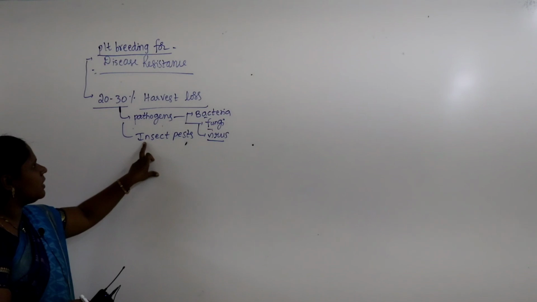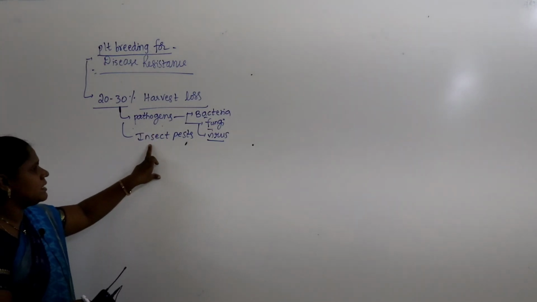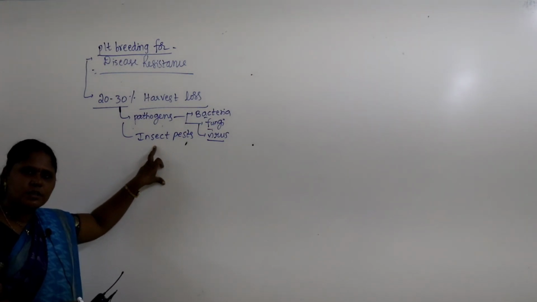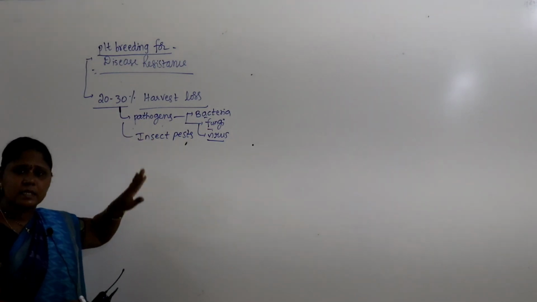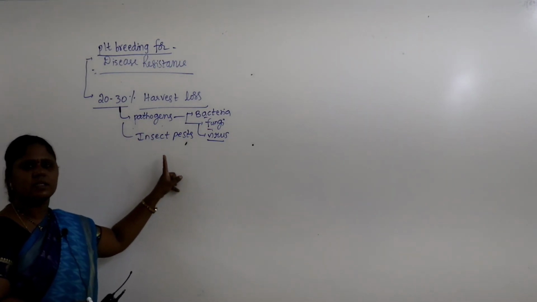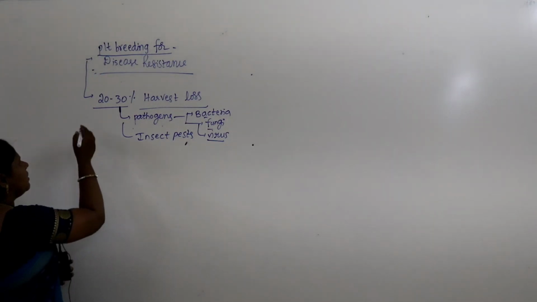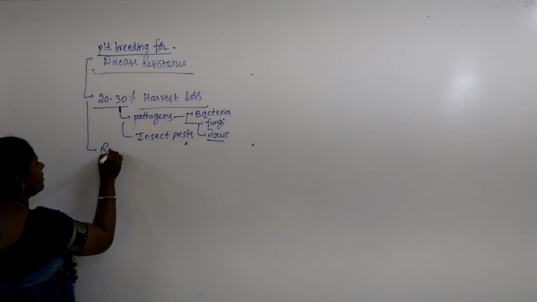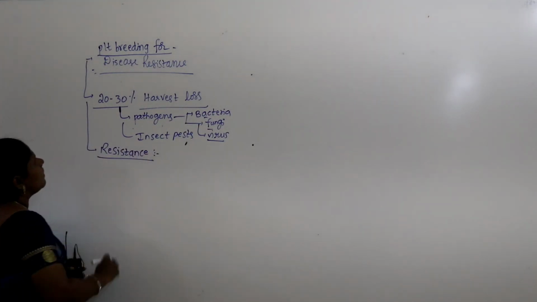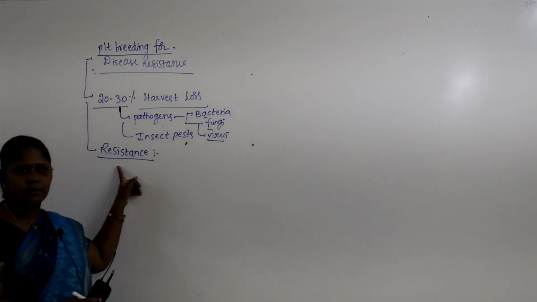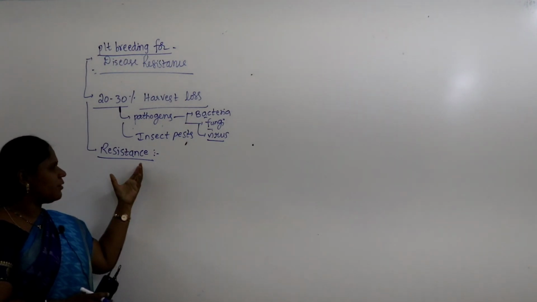Right. So what is the reason for that? Mostly pathogens may cause damage, or insect pests may also cause destruction to the plant yield. Then the plant has to protect itself from pathogens and insect pests. How is it possible? Here what comes into the picture is nothing but resistance. So what is the way to define resistance?